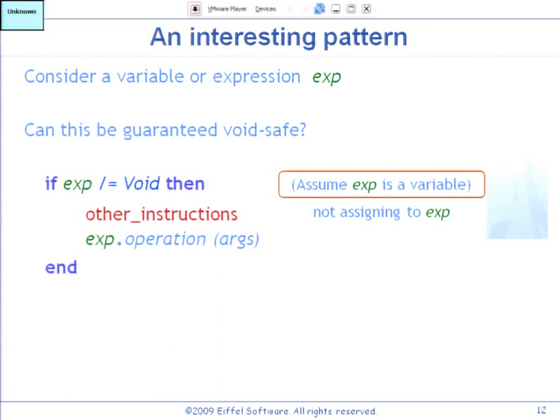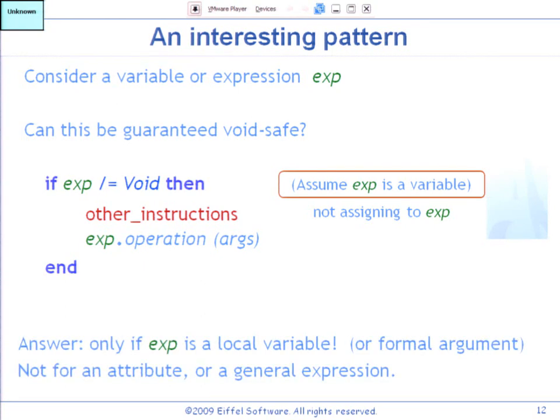Not completely, especially if you have other instructions that might assign to exp and reset the value. So one of the basic rules that we can have in this pattern is that we consider exp to be attached if it's a local variable or a formal argument of the routine. We can't do it for general expressions or for attributes because of the other instructions.